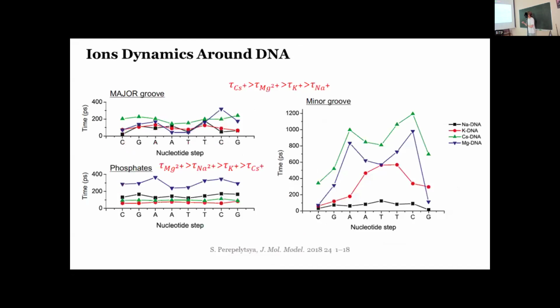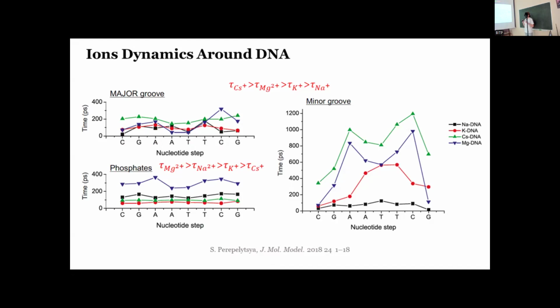Another important question is how long these ions can remain near the binding sites of the DNA. Here is another MD study, which shows the residence time of a series of different ions: sodium, potassium, cesium, and magnesium, located in different regions of the double helix.